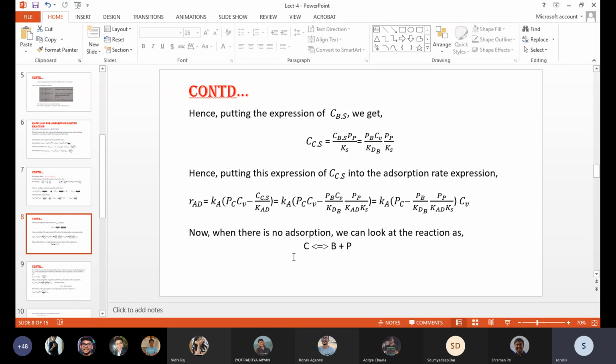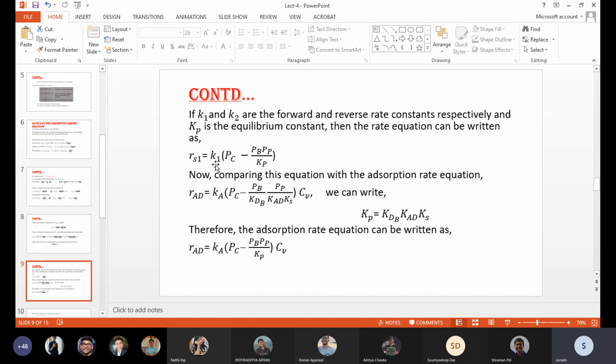So overall rate, if it is RS1, is the forward rate, small k1 Pc, minus reverse rate, small k2 Pb Pp. Then if you take out k1 out of the bracket, then what will happen? RS1 is equal to small k1 into Pc minus Pb Pp by small k1 by small k2. This small k1 by small k2 is the gas phase equilibrium constant that we represent with Kp.